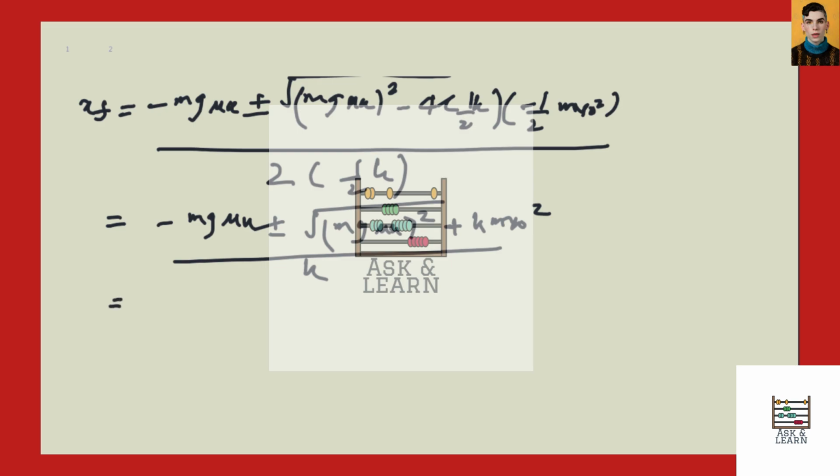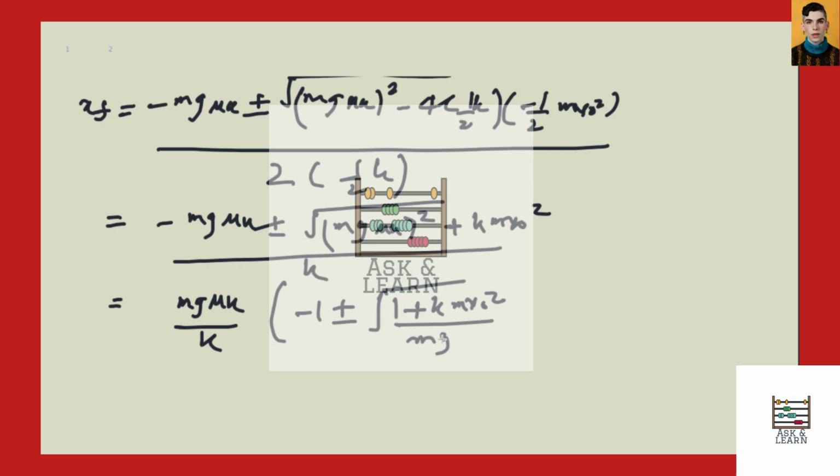Simplifying that, we will get mg mu k over k, I'll just take it outside, times minus 1 plus or minus the square root of 1 plus k m v naught squared over mg mu k squared.